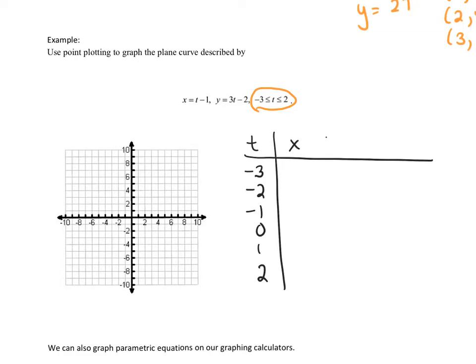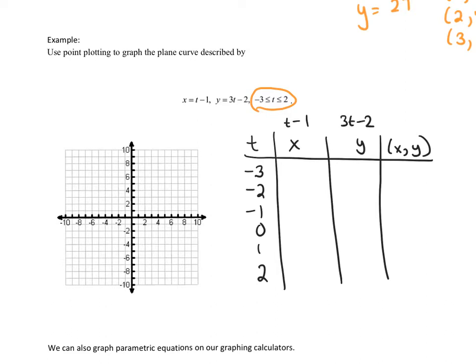And then we'll figure out the x, and we'll figure out the y, and then we'll know our ordered pairs x, y. So remember, x is always going to be t minus 1, y is going to be 3t minus 2. So we're just really plugging that in. So the x's will be negative 4, negative 3. They're just one less than all of them.